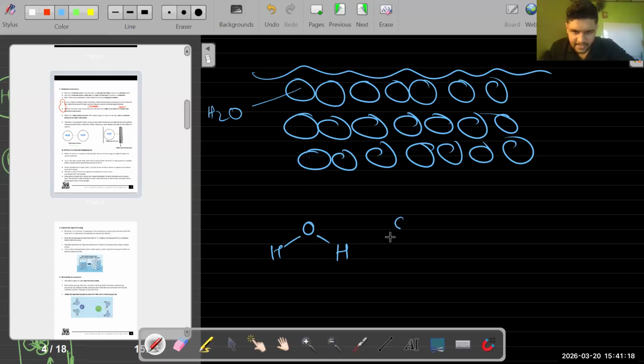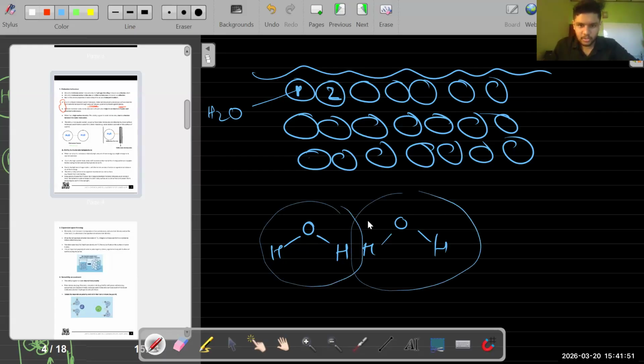Now, if there is an adjacent water molecule like this, won't it attract? There would be attractions, right? What type of attraction? Here, this is one water molecule, and this is another water molecule. I have drawn an enlarged diagram.